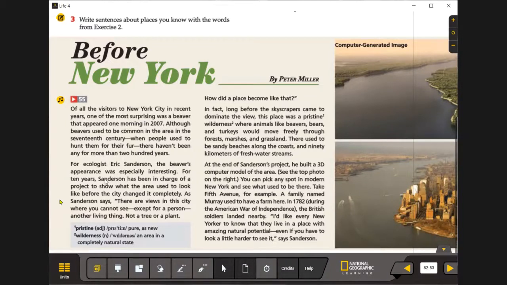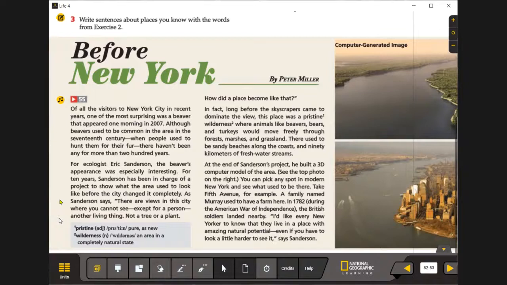For ecologists, Okay, Miss. For ecologists, Eric Sanderson, the beaver's appearance was especially interesting. For 10 years, Sanderson has been in charge of a project to show what the area used to look like before the city changed it completely.